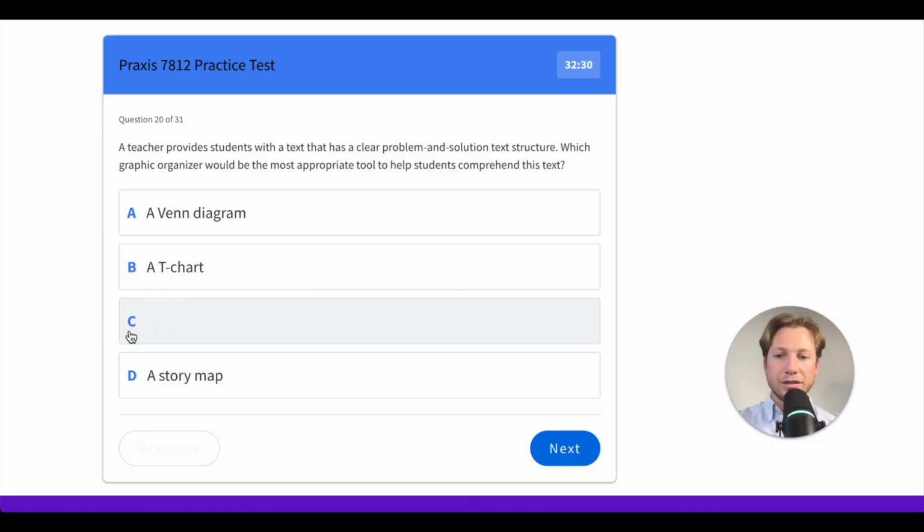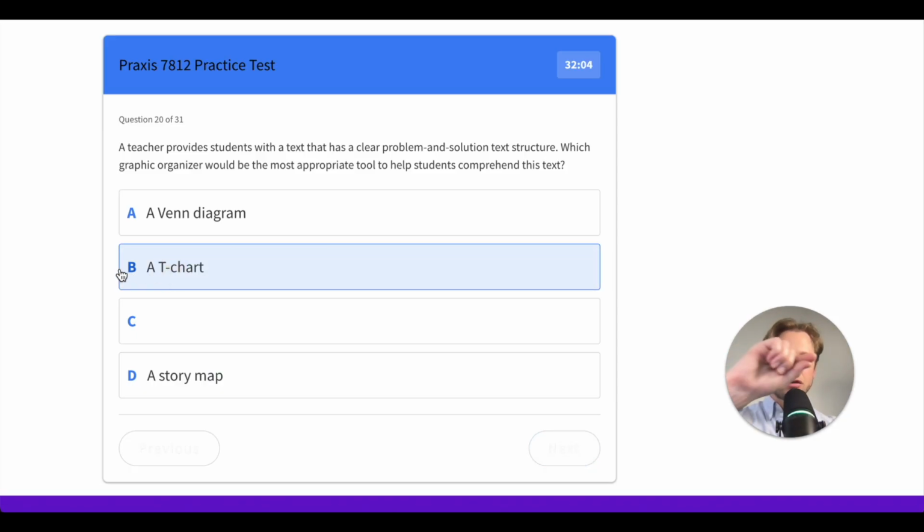Looks like C doesn't have. Let's see here. D is story map. Okay. I'll have to go back over and look at that. All right. So the teacher provides students with a text. We've got a problem and solution text structure. For that reason, I would go for problem and solution. I'd go with the T-chart.